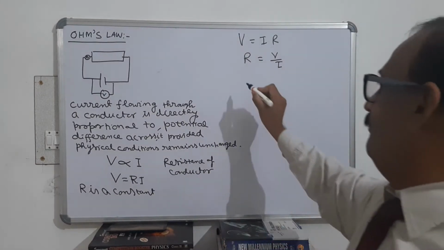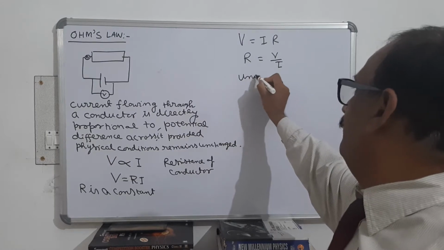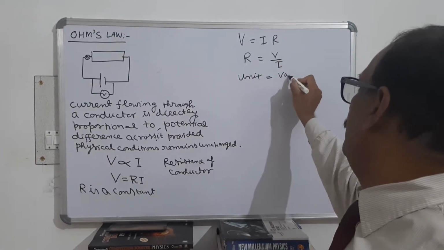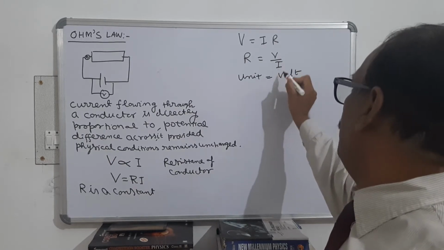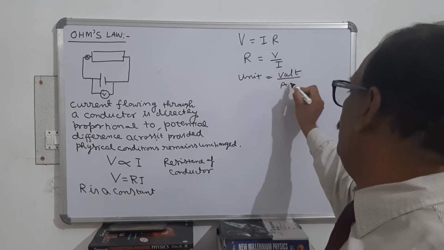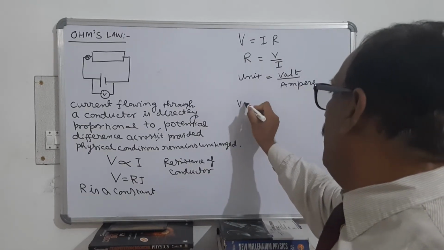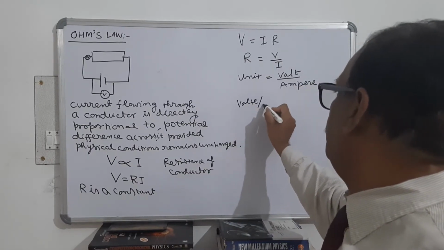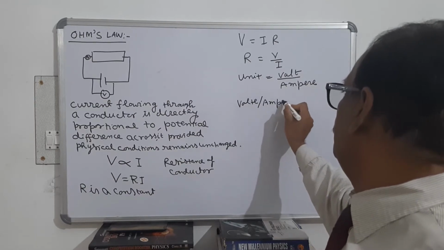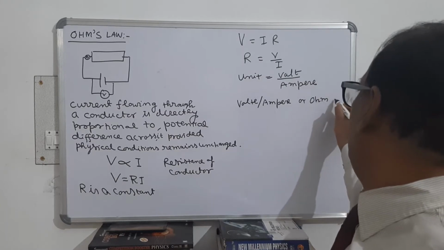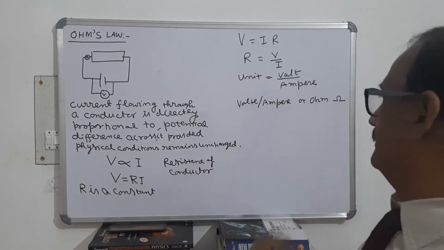What will be its unit? Unit of potential difference is volt, and unit of I is ampere. So unit of resistance is volt per ampere. Volt per ampere is also called ohm. It is symbolically written as like this.